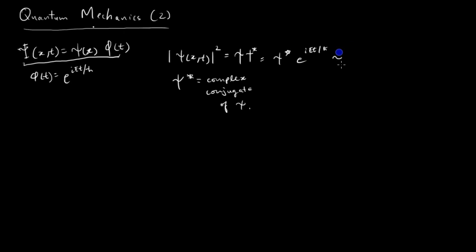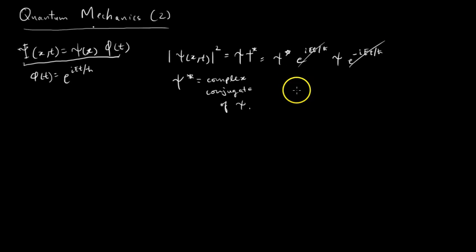And now we just have the regular psi of x, and we have e to the minus i E t over h bar, because when you take the complex conjugate of an imaginary number, you negate it. And notice also that this term and this term cancel out. i E t over h bar minus i E t over h bar is equal to 0.